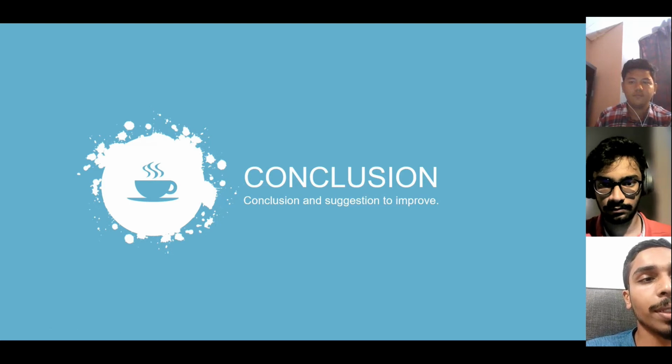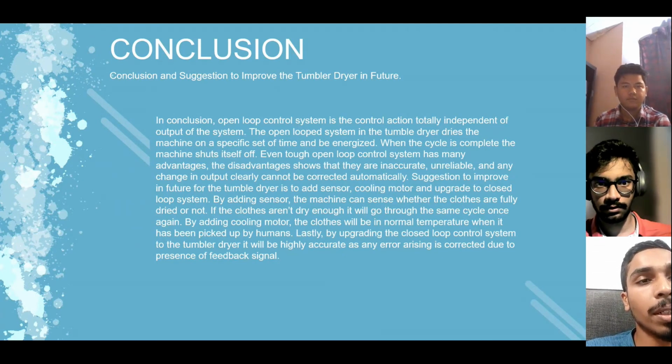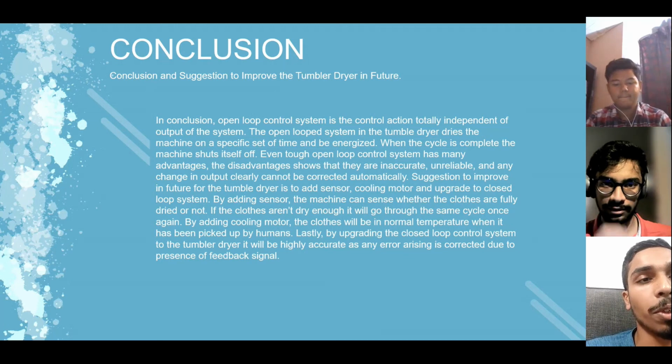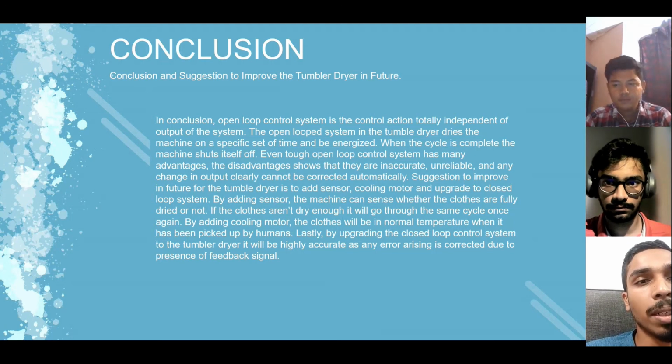The conclusion suggests how to improve the tumble dryer in future. In conclusion, an open loop control system is one where the control action is totally independent of the output of the system. The open loop system in the tumble dryer dries the clothes for a specific set time once energized.